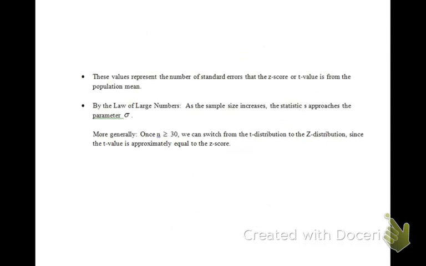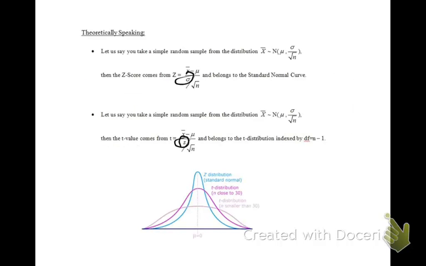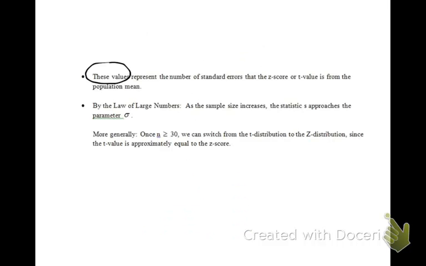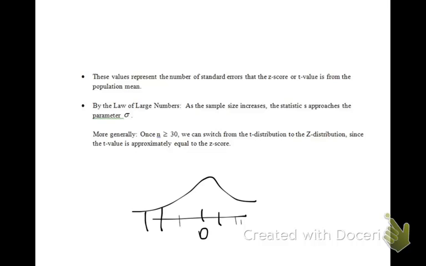Now both of these values, the z-score or the t-value, basically count how many tick marks you are from the population mean. If this is where you're centered, they're basically counting how many tick marks did you fall above or how many tick marks did you fall below this population mean.